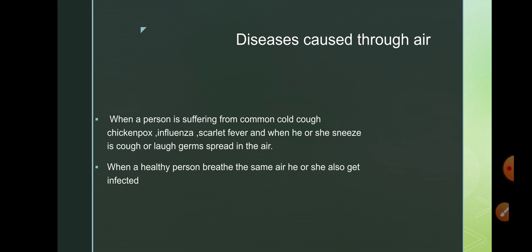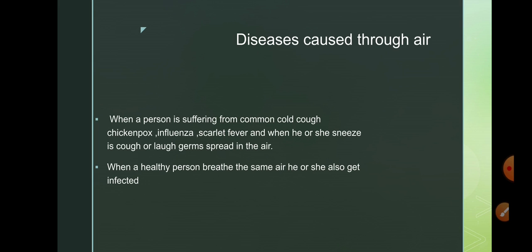Now, what are the diseases that are caused through air? If I ask this question, the immediate answer you will give me is coronavirus, right? COVID. When a person is suffering from common cold, cough, chickenpox, influenza, or scarlet fever, what happens if he or she sneezes, coughs, or laughs? The germs spread in the air.